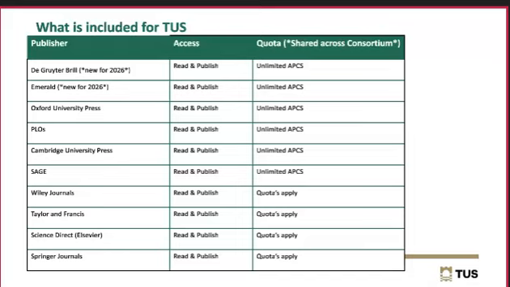Once this quota is reached, authors can still publish in the journal, but the APC waiver will no longer be available. Always check the individual agreement or contact the library before submitting a manuscript. And this list is available through our library guides as well. And if you have any questions at all, please contact the library and we'll point you in the right direction.